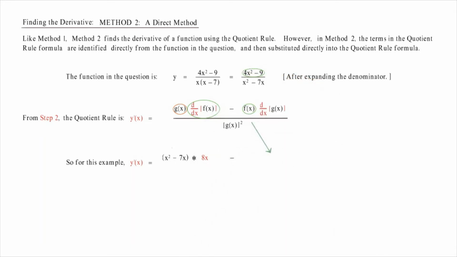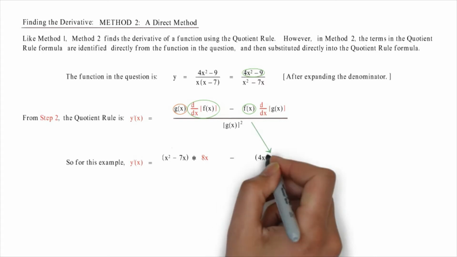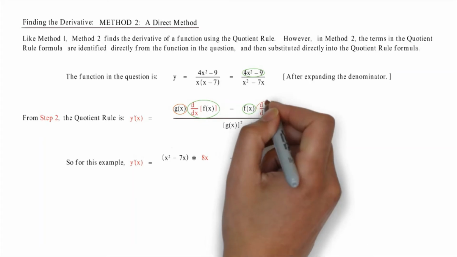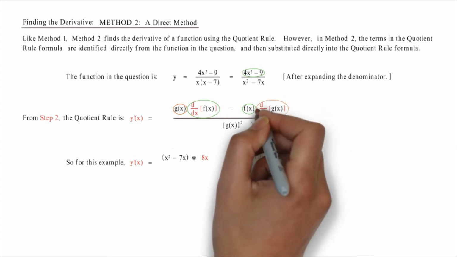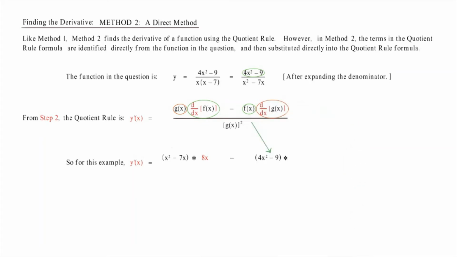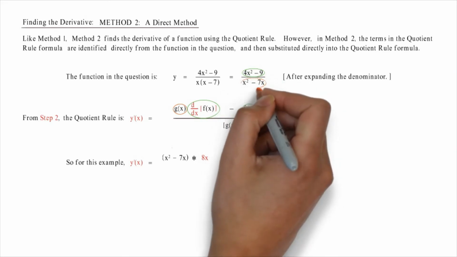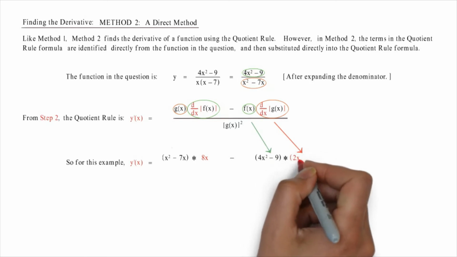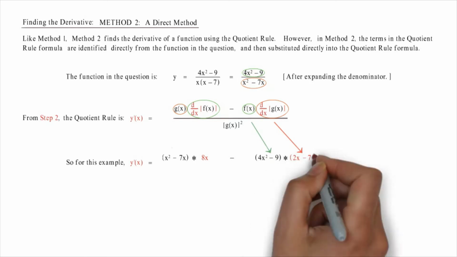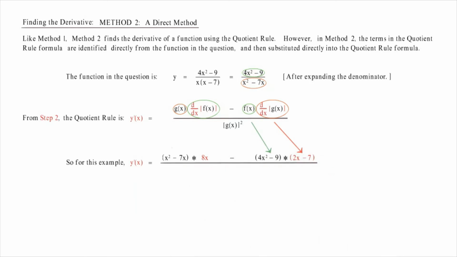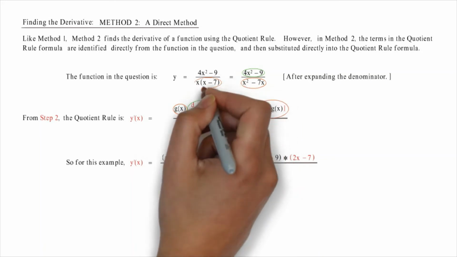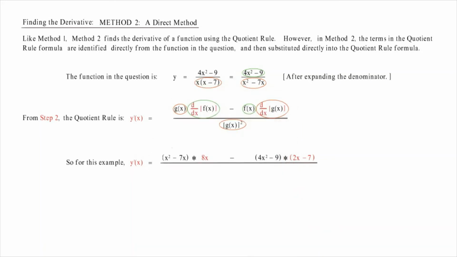So substitute 4x squared minus 9 times d/dx of g(x), the derivative of x squared minus 7x, which is 2x minus 7, divided by g(x) all squared, which is x(x minus 7) all squared.